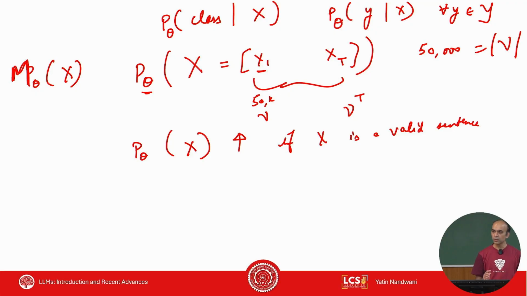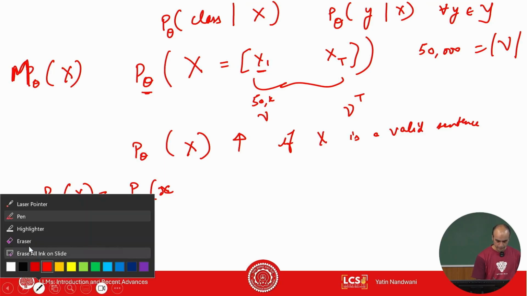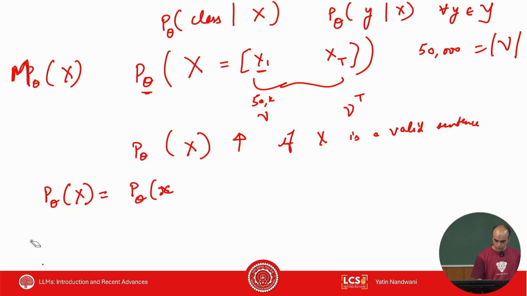In a decoder only model, we factorize this distribution as a conditional distribution, as in we say that this is equal to P theta of X. I should not use small letters. That is for a specific sentence, whereas when I'm using capital, it is a random variable. So X is a random variable which is T dimensional.